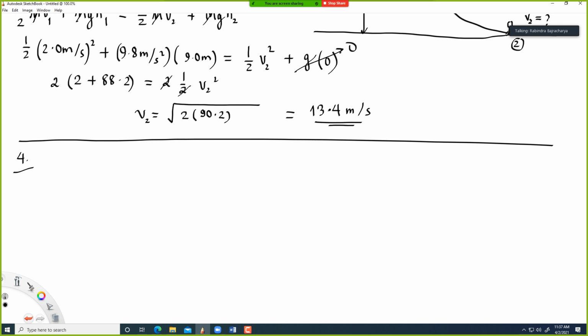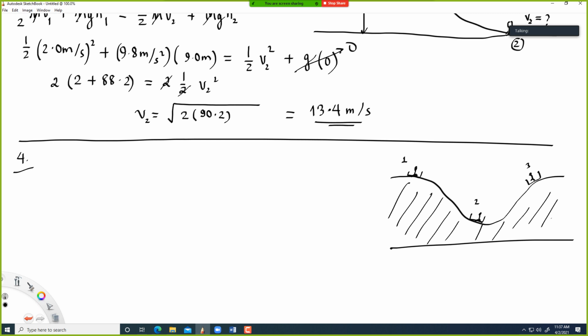So you have this roller coaster. Let's say the position of the roller coaster here is 1, the position here is 2, and the position here is 3. And again, here the energy is conserved.